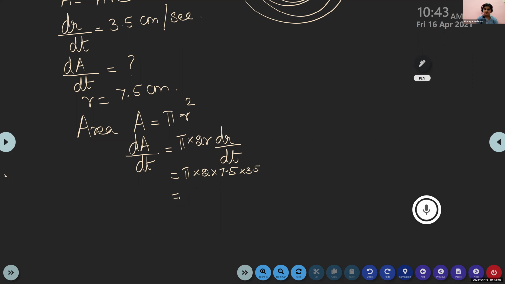Should we also substitute the value of pi? No need to substitute for pi. If they mention it, you have to substitute for pi. Otherwise, not needed. You can write in terms of pi.